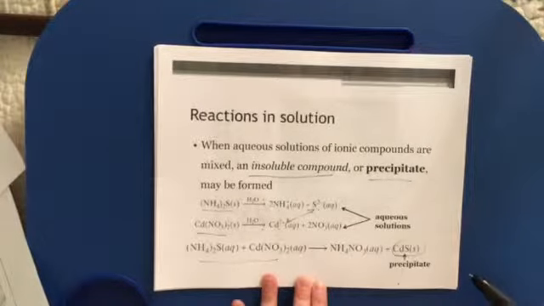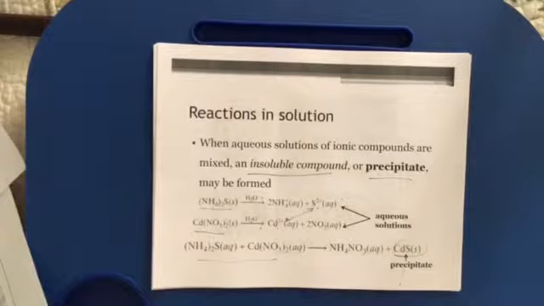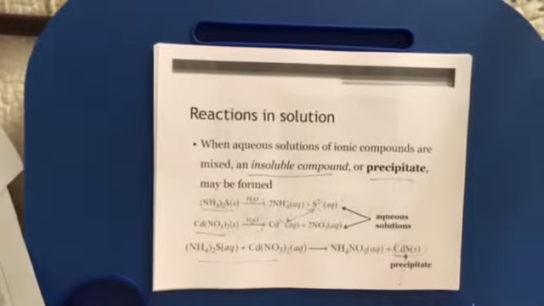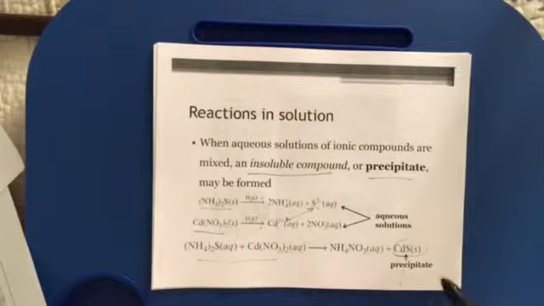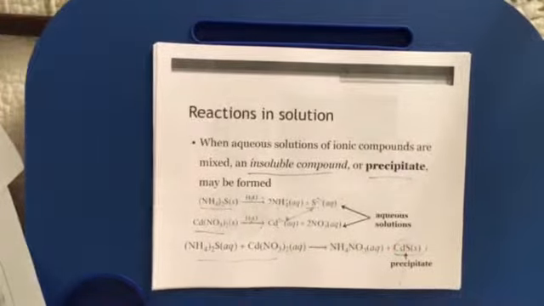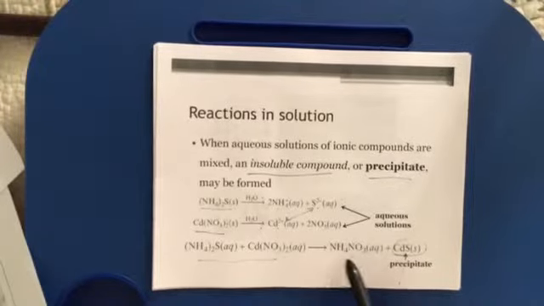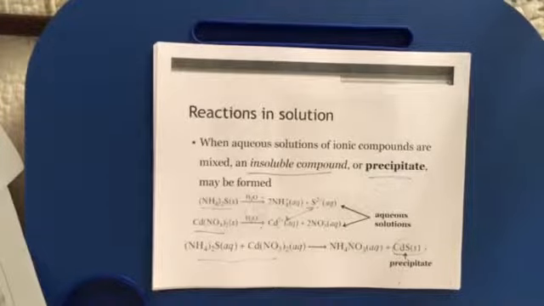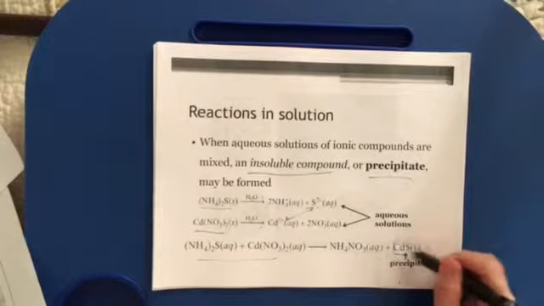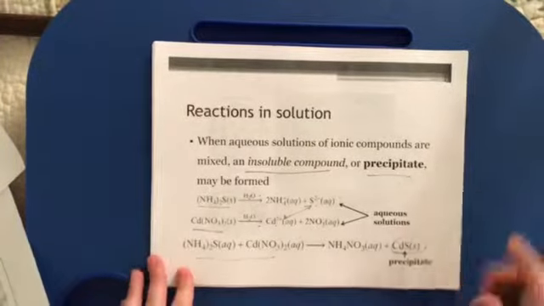It's not soluble in water. Water is not surrounding it as individual ions. It falls out of the solution as a solid. So that is the driving force of this reaction, the formation of cadmium sulfide. You still have these ions floating around in the solution, but the cadmium sulfide has fallen out as a precipitate.